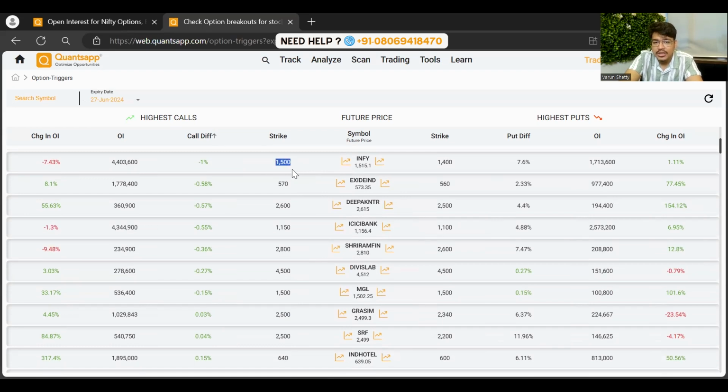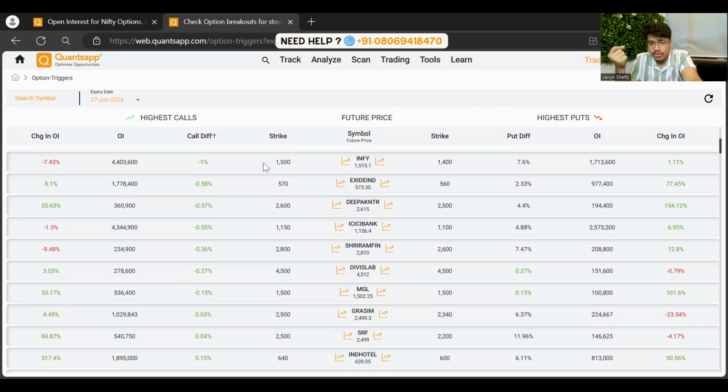The heaviest call strike was 1,500. The current price of Infosys is 1,550. Has the breakout occurred? Yes, because the future price has moved beyond the heaviest call strike, or the resistance.